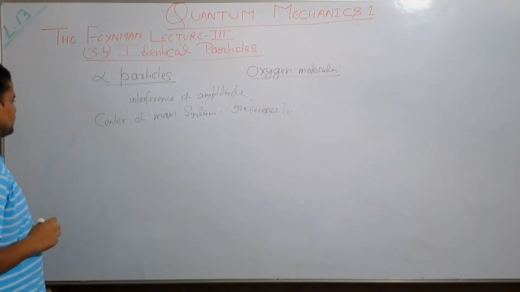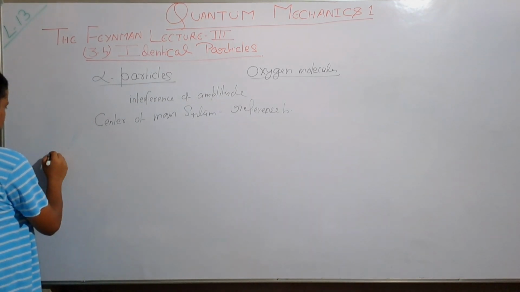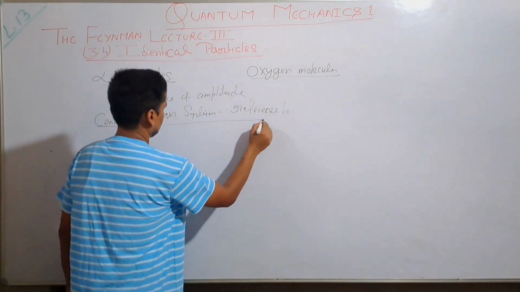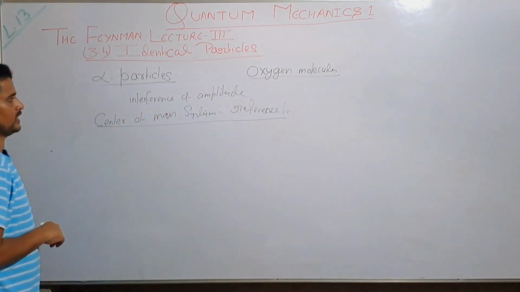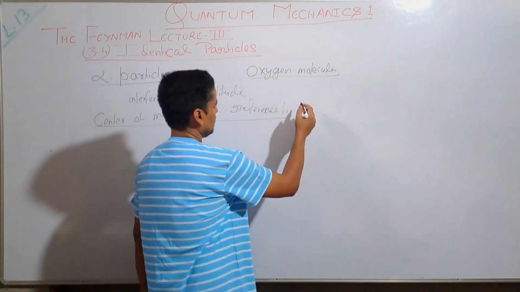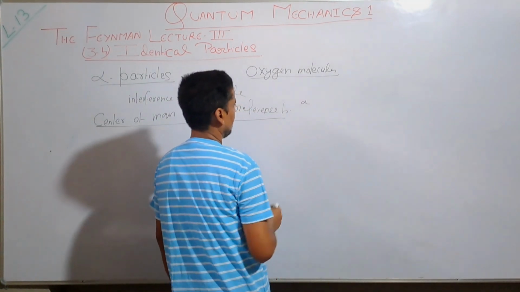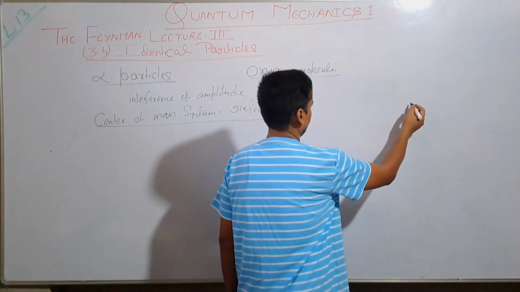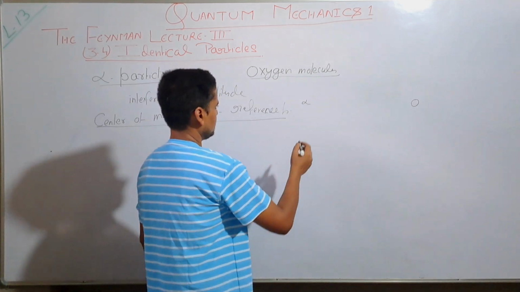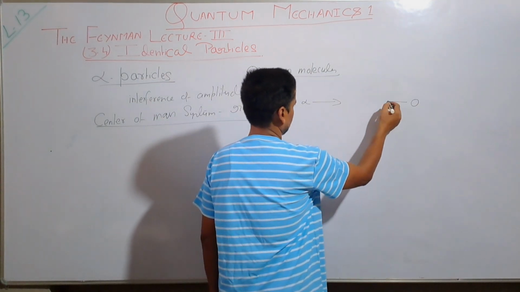In this experiment there is an alpha particle, and if we use the center of mass as a reference frame, then before the collision the direction of the alpha particle and the direction of the oxygen atom are opposite. It means they are traveling in opposite directions.